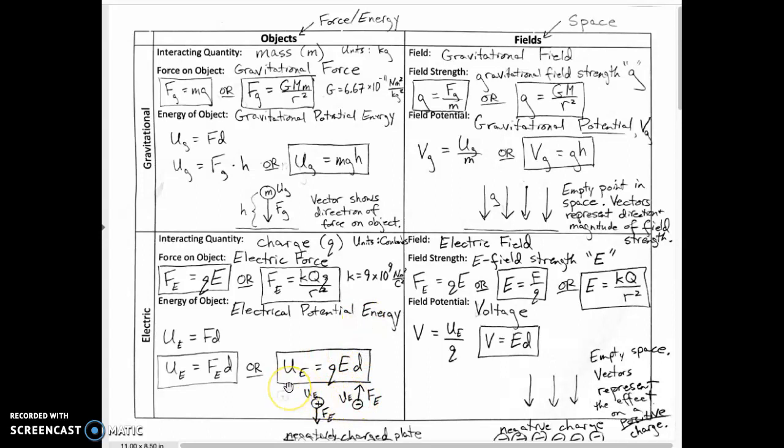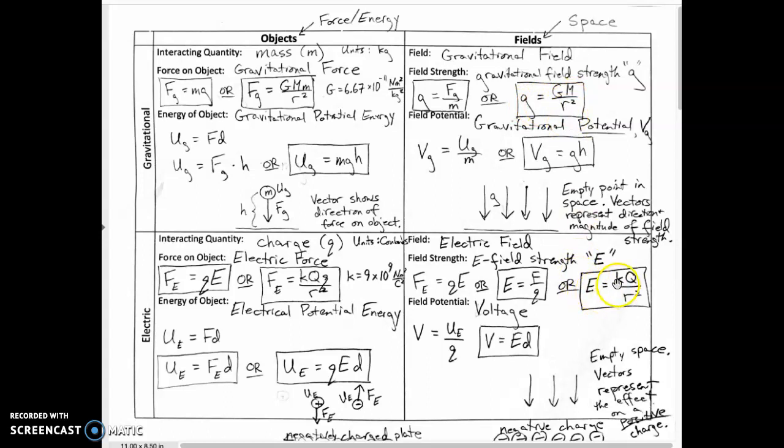That's electric potential energy. Okay, now let's talk about fields. Little g is gravitational field strength, just like E, or F over Q, this was F over m, is electric field strength. Or we had little g is GM over r squared.